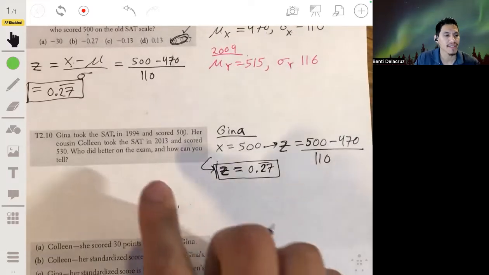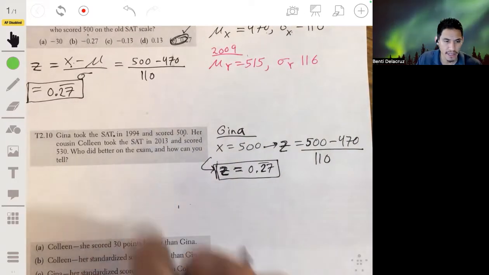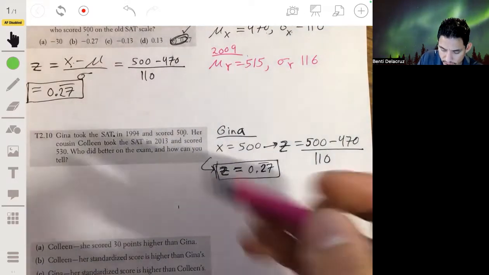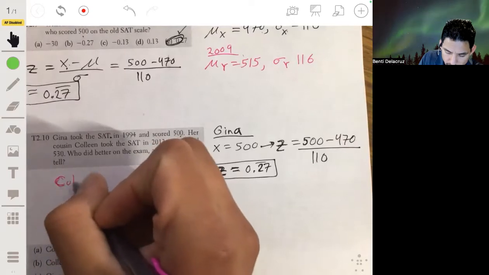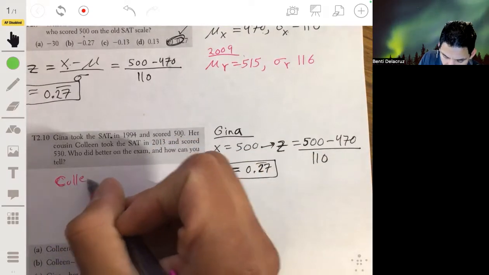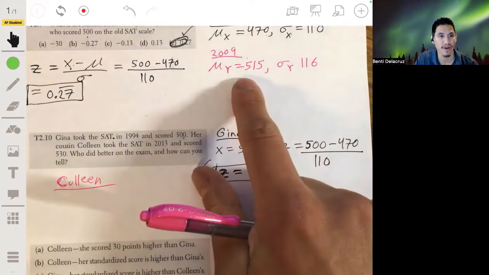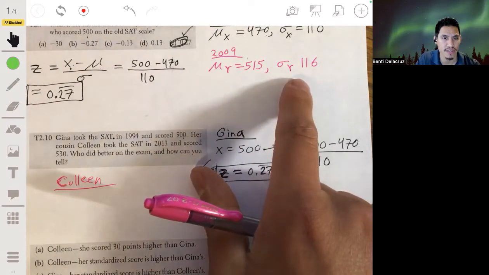Okay, now we want to compare to the Z-score of Colleen. Her Z-score is going to be calculated using a mean of 515 and a standard deviation of 116.